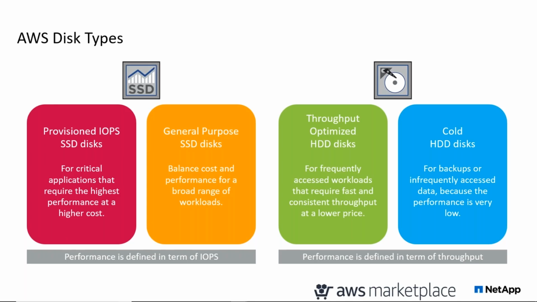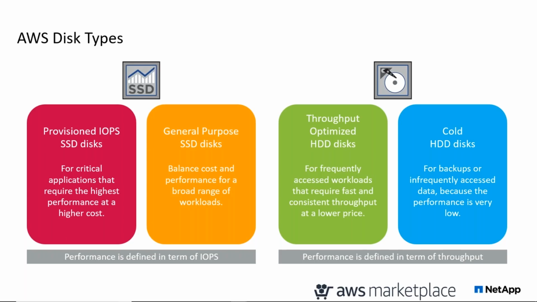So of the disks that we support with Cloud Volumes ONTAP, we support the general purpose GP2 disks, the IO1 PIOPS disks, ST1, which is throughput optimized spinning disk, and then the cold HDDs. Each one has a different characteristic, and depending on the workload that you're trying to go and use, you will determine which kind of disks that you want to use for that.